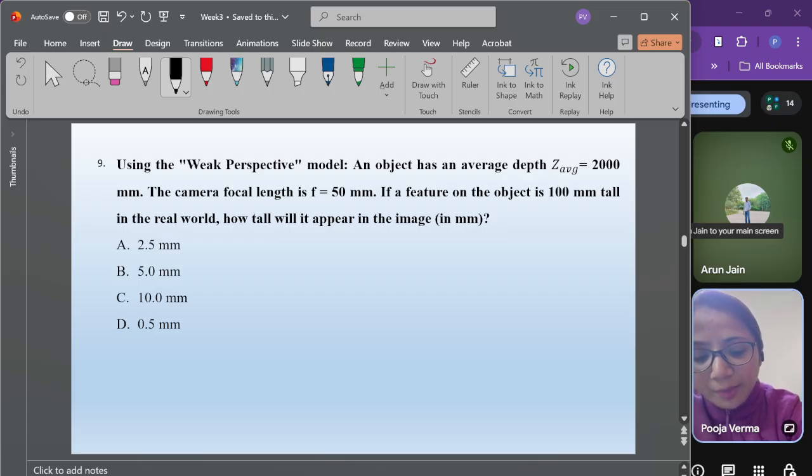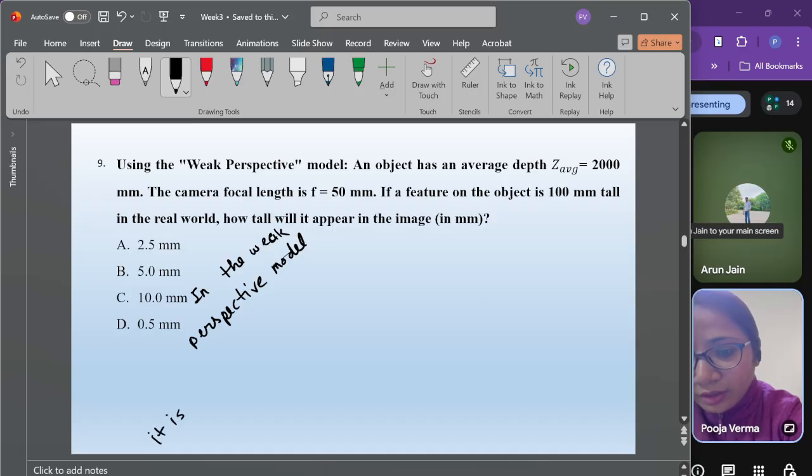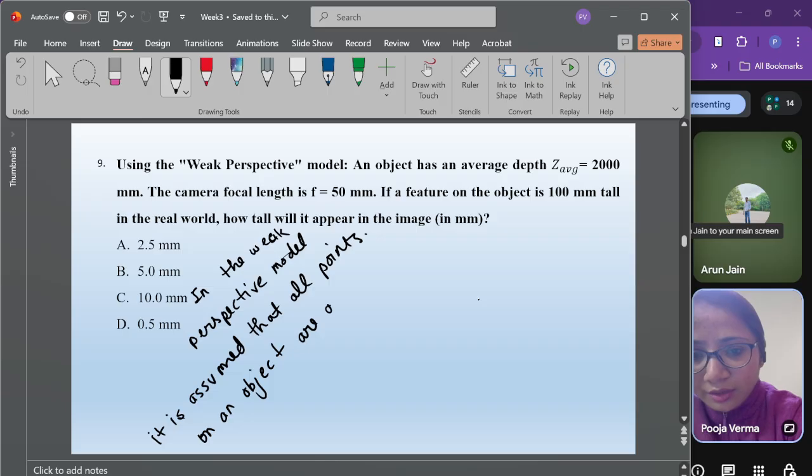So the magnification M is uniform across the object, and it is calculated by the ratio of focal length to the average depth.